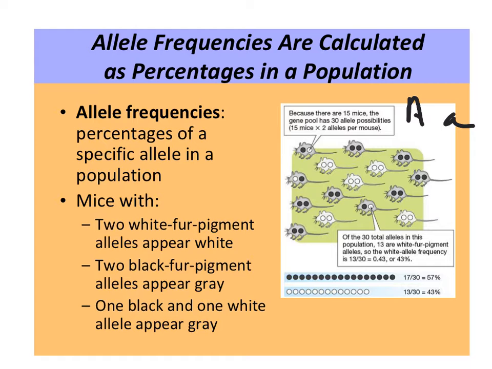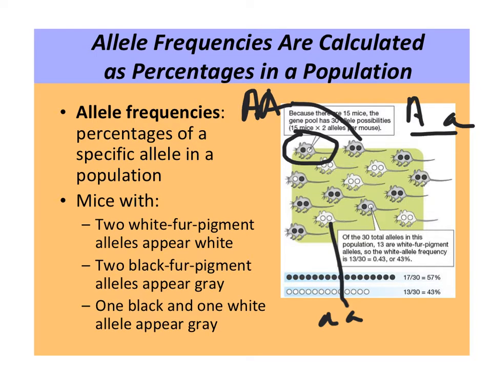We can see we've got individual mice here. This one up here is big A, little a as far as the genotype. We've got other genotypes like AA, and then we've got little a. Each individual mouse has two alleles.